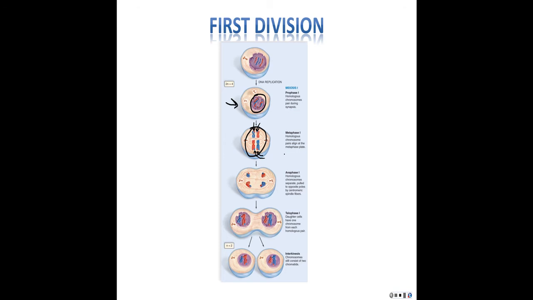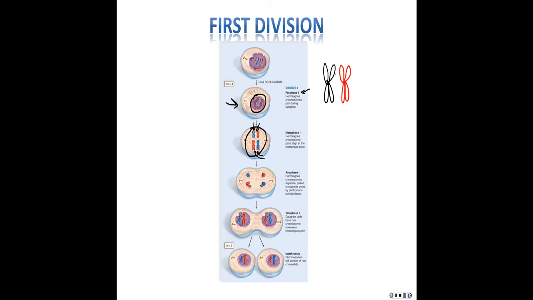Okay, the way this occurs is during prophase 1, the homologs, so here is one chromosome, and here would be, let me change the color of this pen here so you can get a better idea. Let's do red. All right, so there's chromosome 1 from mom.